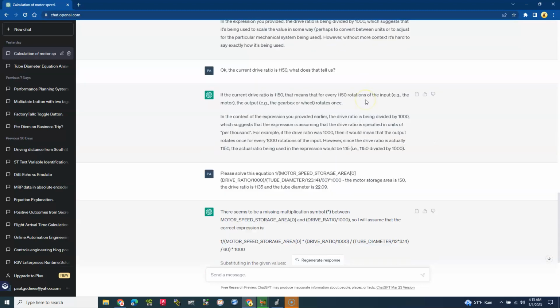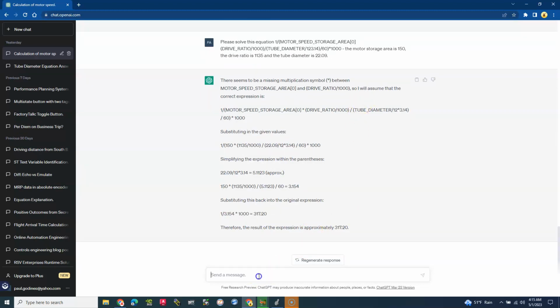These are the things you're going to have to pay attention to when you're working with artificial intelligence, ChatGPT. You're going to have to double check every single thing that it does. Trust me, you're going to have to do it. Let's see, did it solve? Oh, it does have it right there.